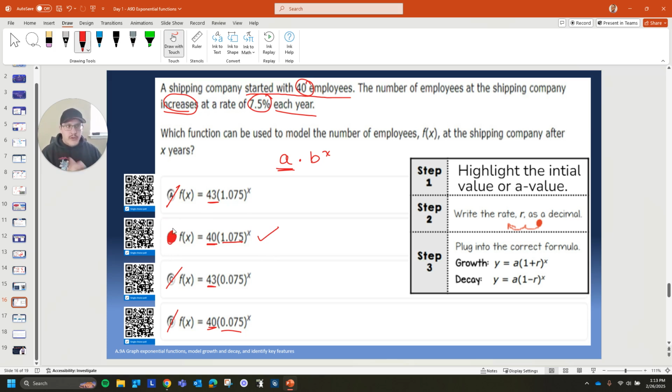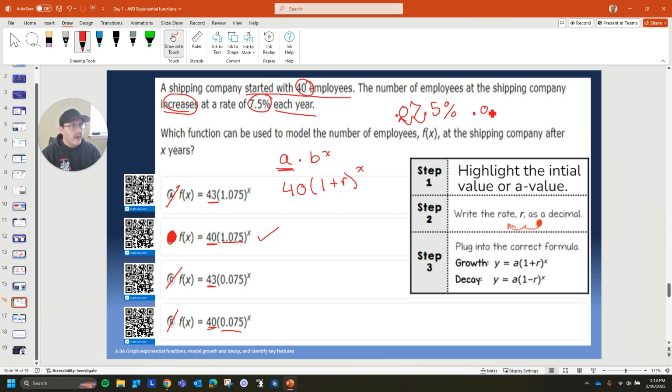So let's say you just wanted to create the equation. We know that 40 is there for sure. And since this is growth, we know that we're going to have 1 plus R. What is R? Well, R is the percentage. But we need to take 7.5% and change it to its decimal form. So either divide it by 100 or move the decimal point to the left twice.